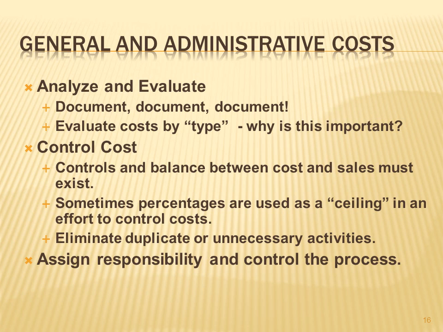So in order to be as lean as possible and to be as effective as possible, you have to always evaluate and analyze, control your costs at all times, and you want to be able to assign responsibilities and control your processes throughout, not just when you first hire someone, but throughout their tenure at your organization.